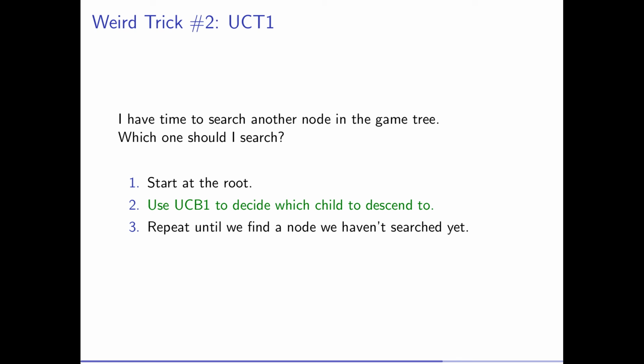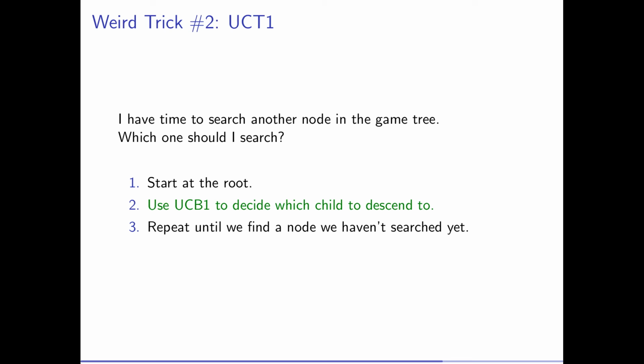We've gotten to, I don't know, depth 3 or something, and we've made some random plays from each of the nodes at depth 3 to make a guess about what the value of that node is, and we've propagated that information back to the root. And it turns out that after doing all of that, I have more computation time left over before I'm required to make a decision about what move to play.